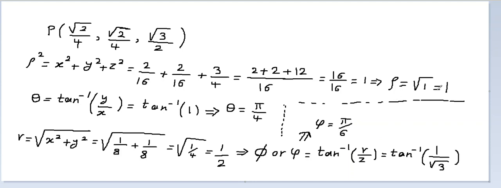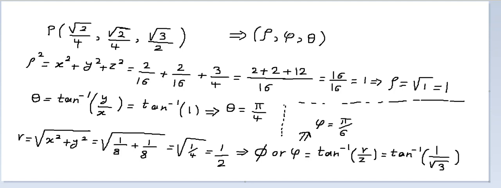So the spherical coordinates of this point will be rho, phi, theta, right? In your lecture notes, sometimes they write rho, theta, phi. There is nothing wrong, but this is the correct order. Rho, phi, theta.